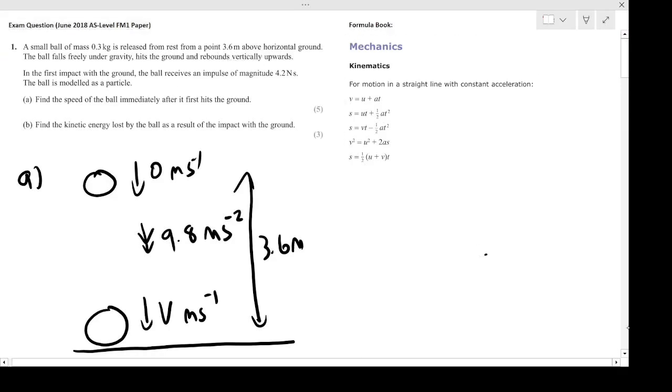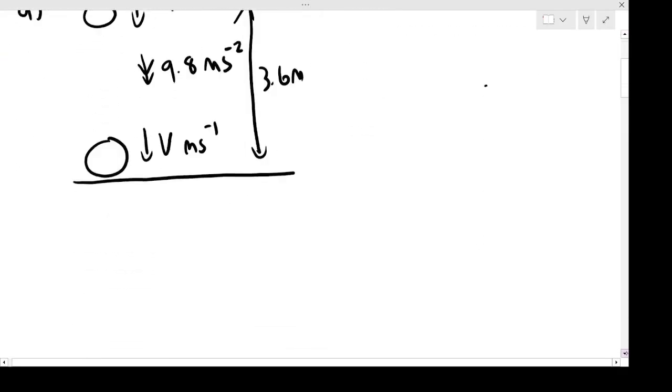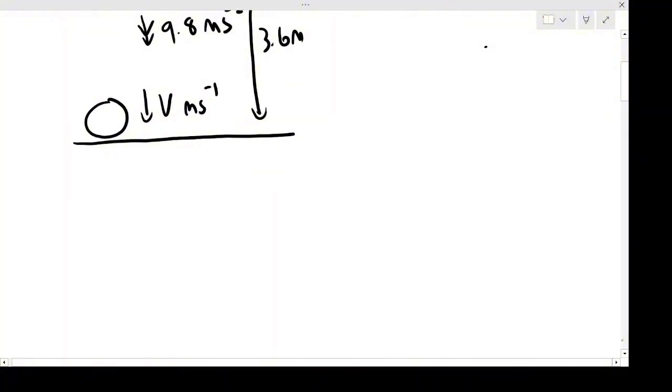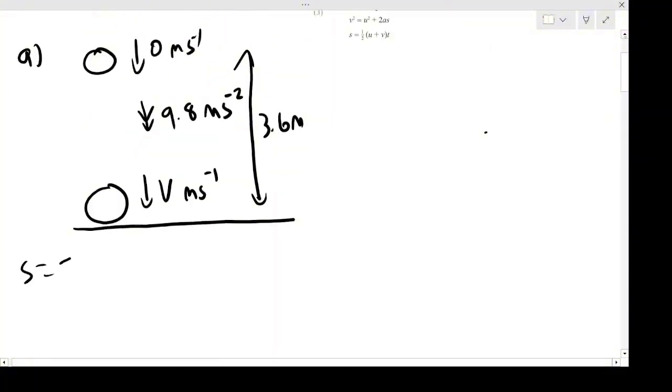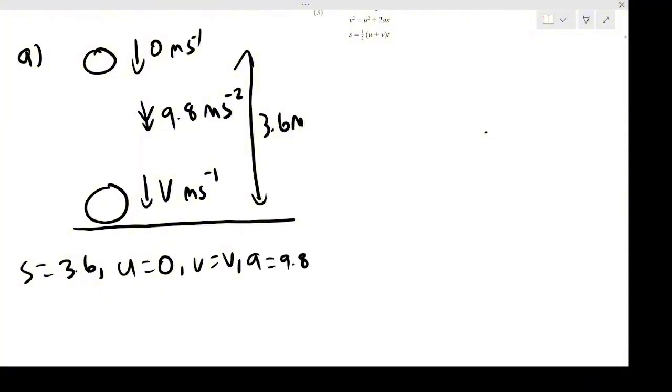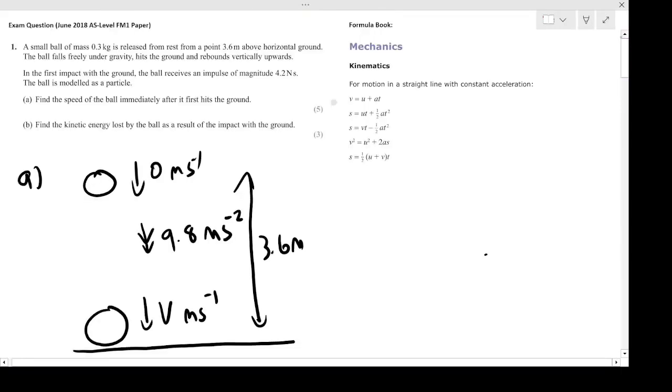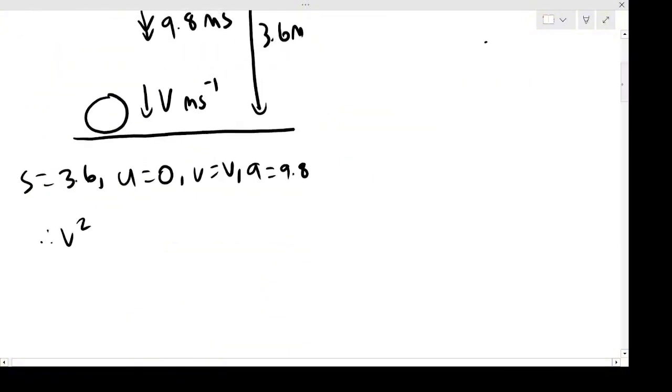So, if I now use SUVAT, I know s, my distance here, is 3.6, u, the initial speed, is 0, v is v, and a is 9.8. I don't need t here, so I can solve for v. The SUVAT equation that ignores t is v squared equals u squared plus 2as, right? So I can apply that formula here.